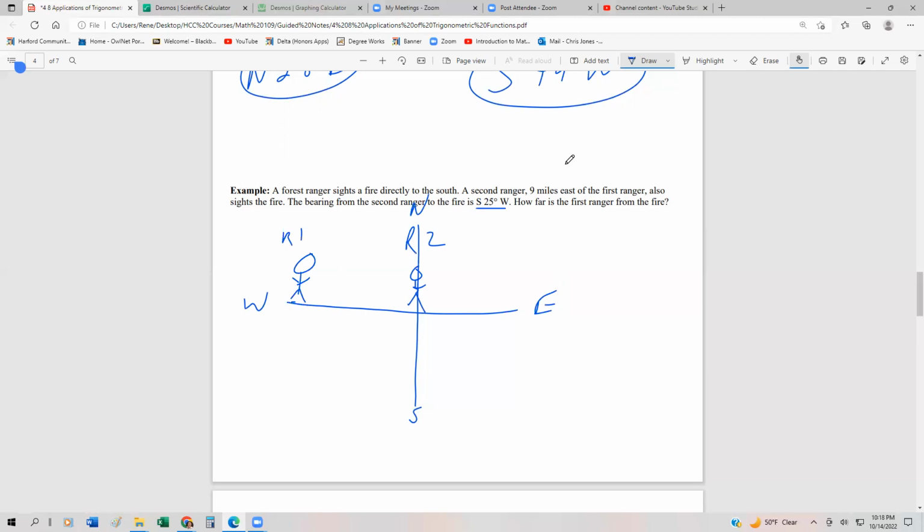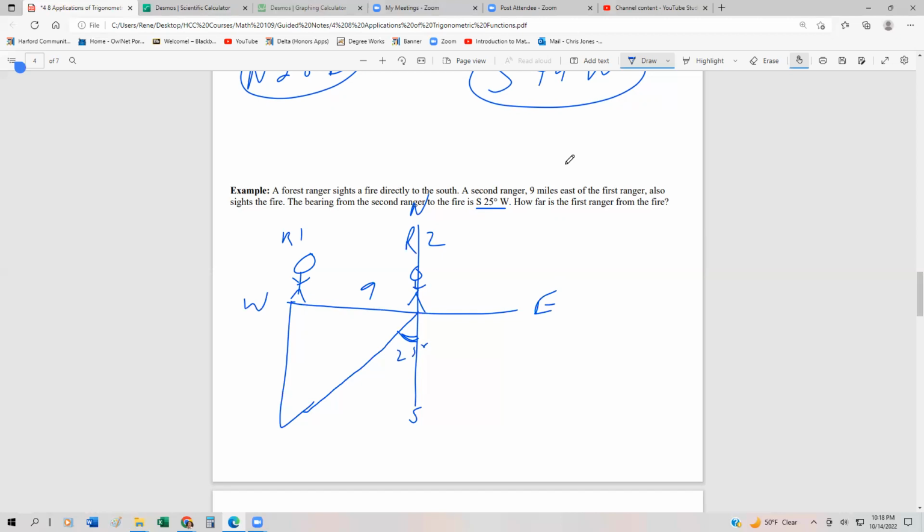All right, now Ranger 2, it says 9 miles here, and they spot the fire, right? So it's directly south. Okay, so the angle is going to be south of west this way. All right, so that is going to be 25 degrees.